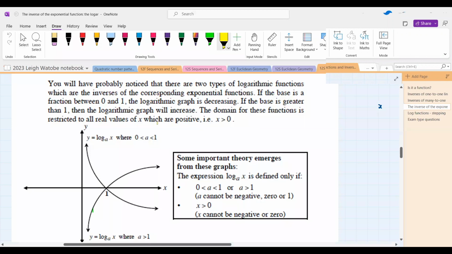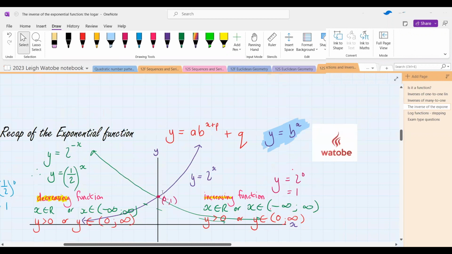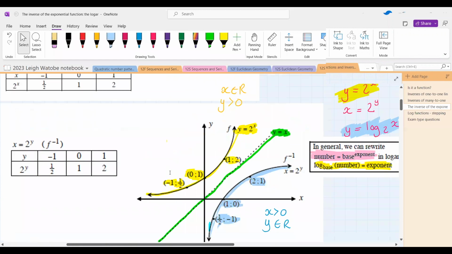This graph over here is the first log function that we looked at. Can you see that this is an increasing function? Similarly, its inverse was also an increasing function. If we have a look here, the original graph was the one in yellow.